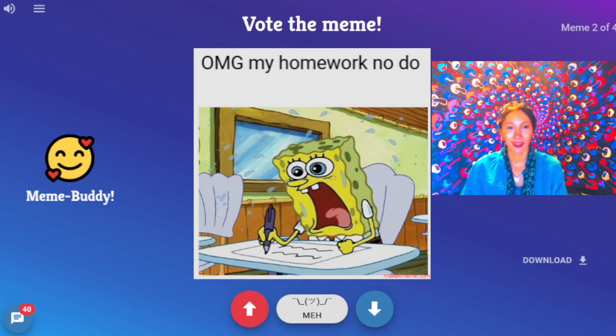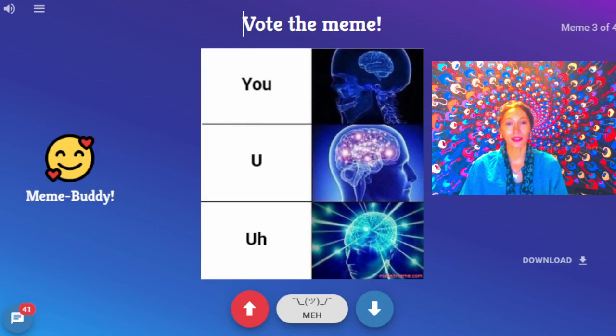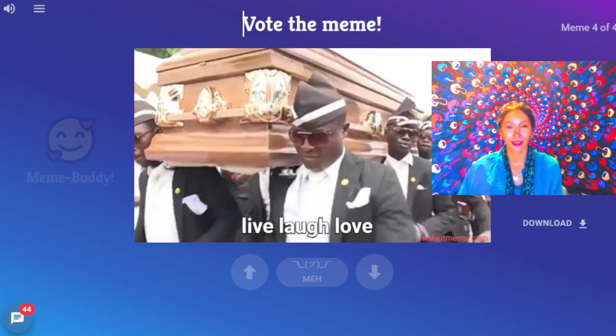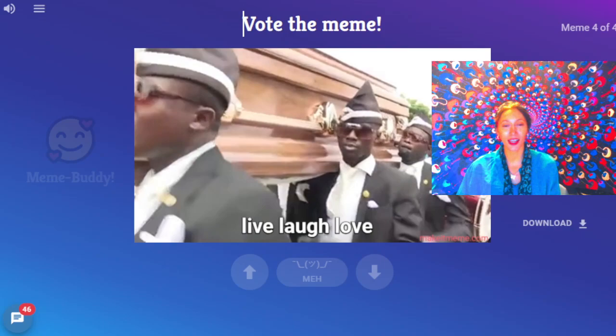My homework, no do. Mentioning the fact that the live, laugh, love, those are the people carrying the casket, you know? And this is not a casket. This could be viewed many ways. And they have the live, laugh, love kept in their step.